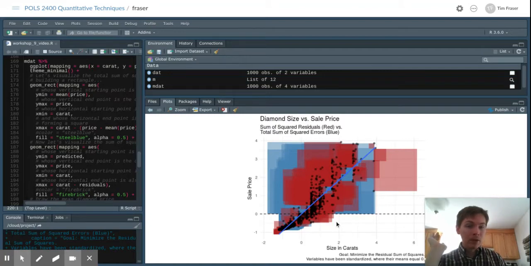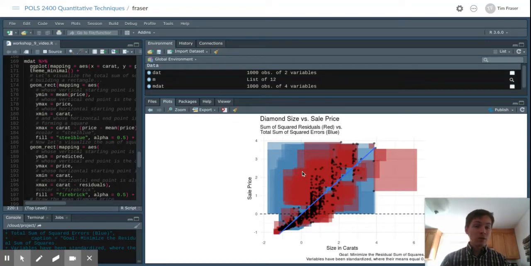We can square it, and so that shows us how much that data point varies compared to the mean. We can do that for all of the observed data points, creating a whole bunch of squares, and it's going to be the total sum of squares. We can say that this blue represents the total possible variation in the data, but the red is the unexplained variation in the data.